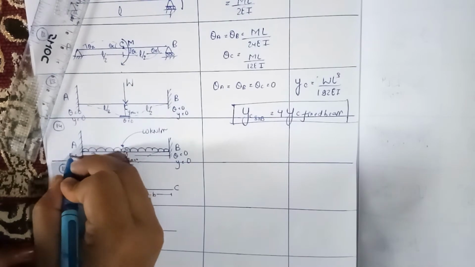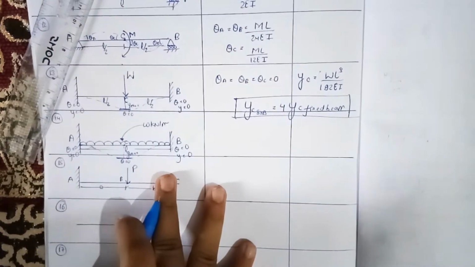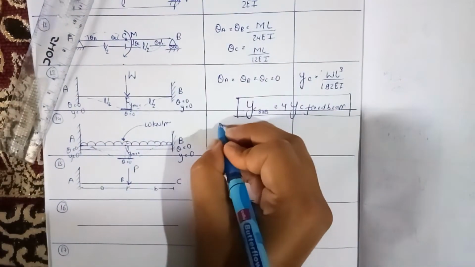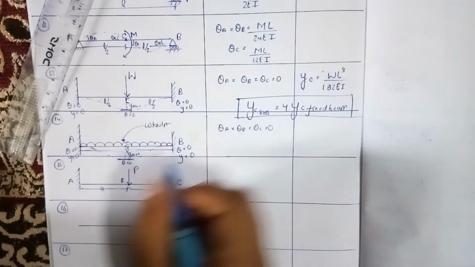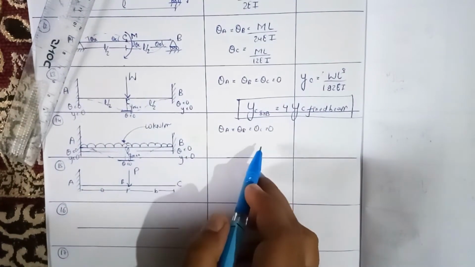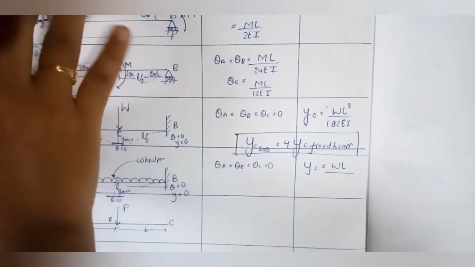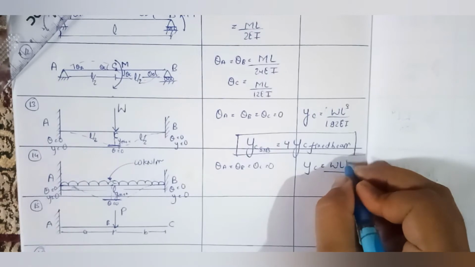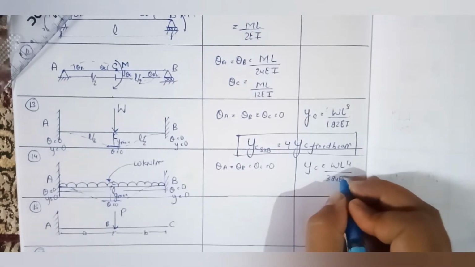We have seen this earlier in our previous cases. So we will write here, theta at A, theta at B, and theta at C is equal to 0. So the value of deflection at point C will be equal to WL to the power 4 upon 384 EI.